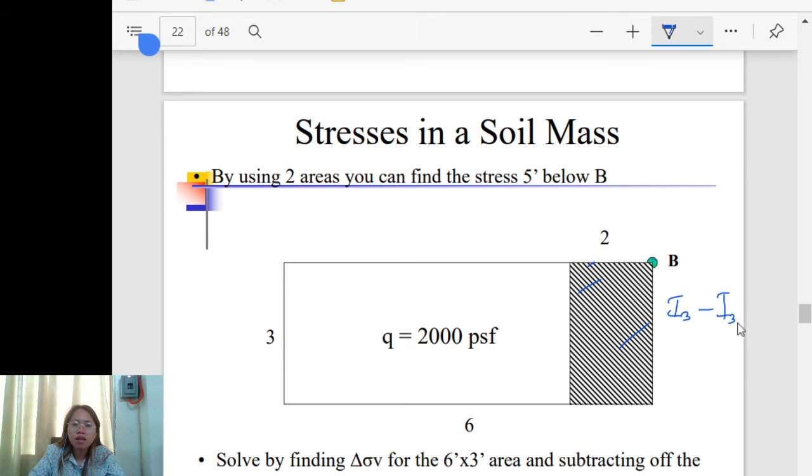Solve by finding the change in stress for the 6 feet by 3 feet area and subtracting the stress for this other area.